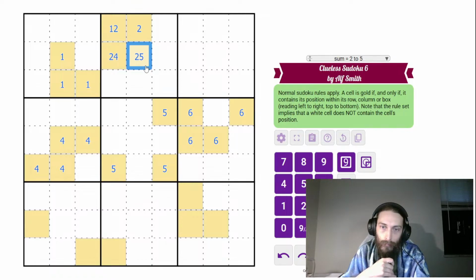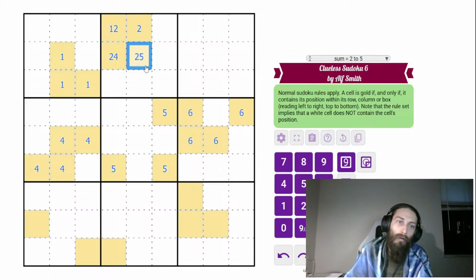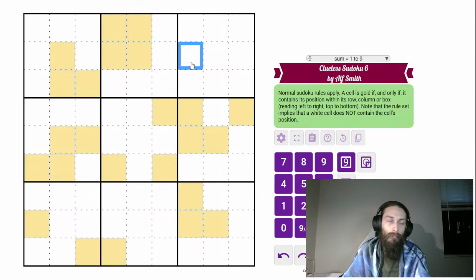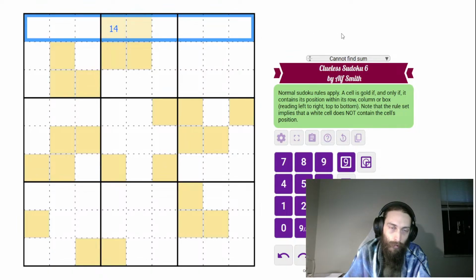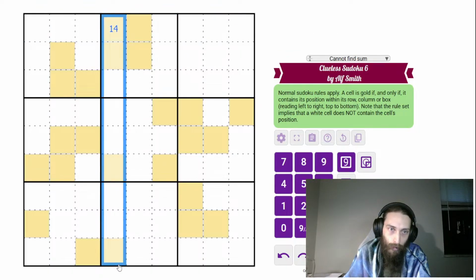Okay. So, this is position 1 in the box. Position 4 in the row, and position 1 in the column.